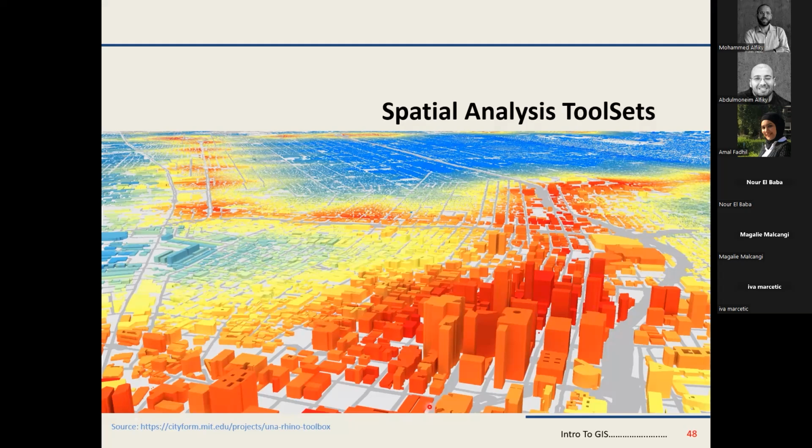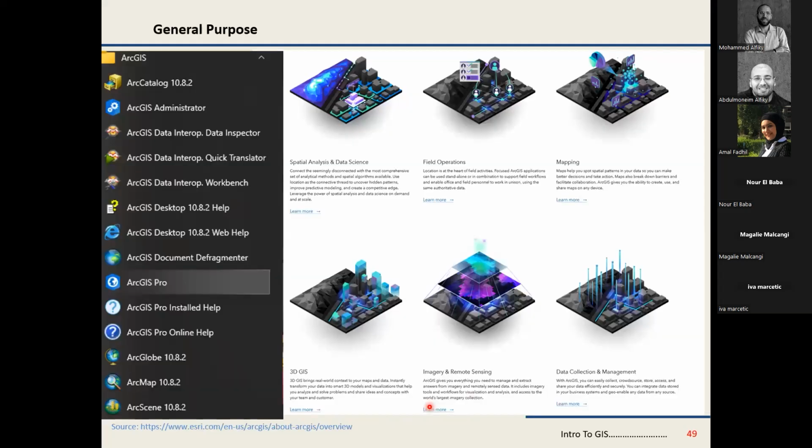First we have what I call general purpose tools. We have, of course, ArcGIS Pro. We have been talking about it for the last two days and today, and I consider it a general purpose tool. We can use it for many things, whether it's spatial analysis, mapping, visualization, field work, or designing and geodesign. So we can use it on different levels and different scales.